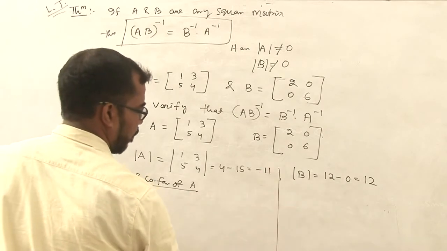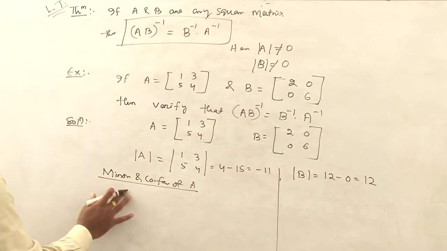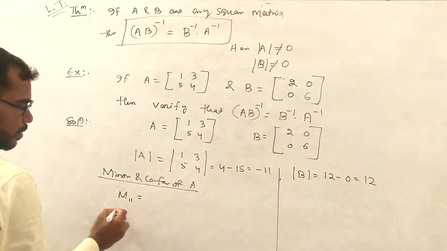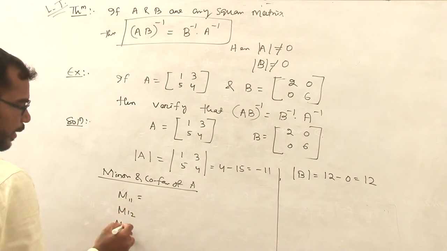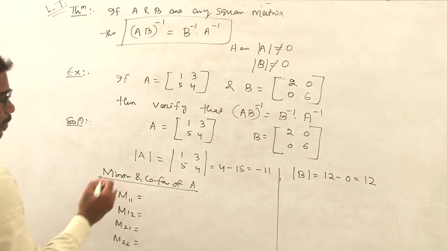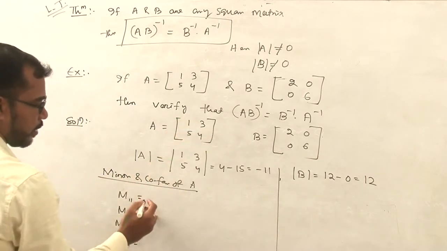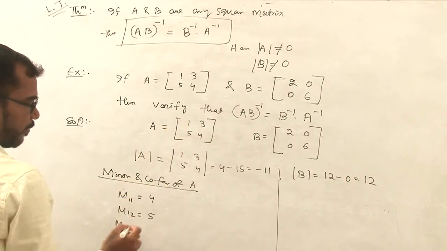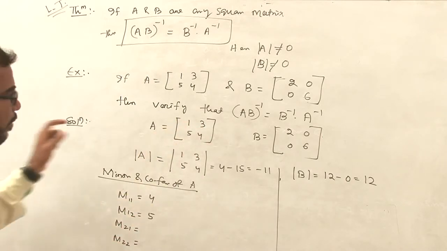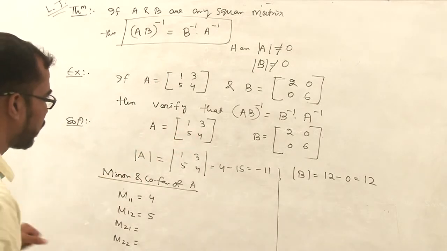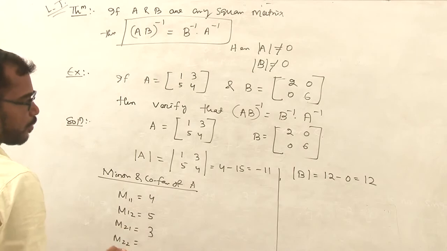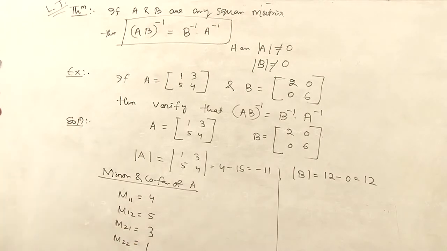So here you can separate these. First is M11, M12, M21 and M22. M11 is, deleting 1, then 4. M12 is, deleting 3, then 5. M21 means 5 is deleted, then we get 3, and M22 gets 1.